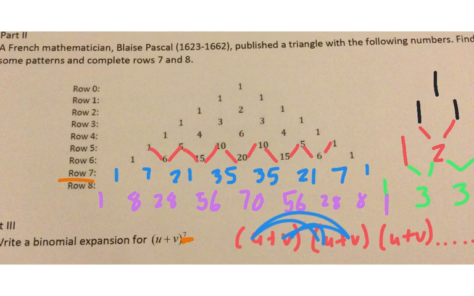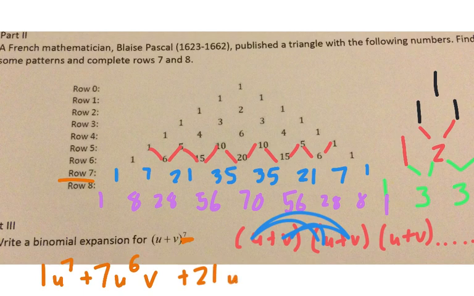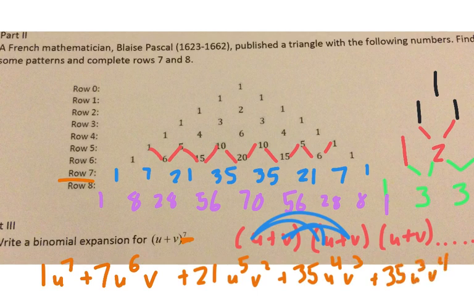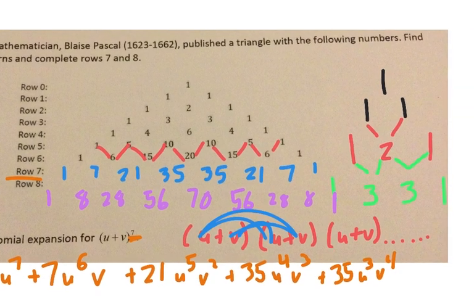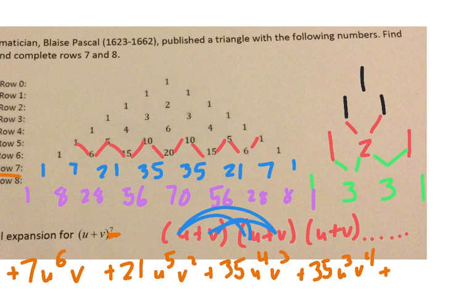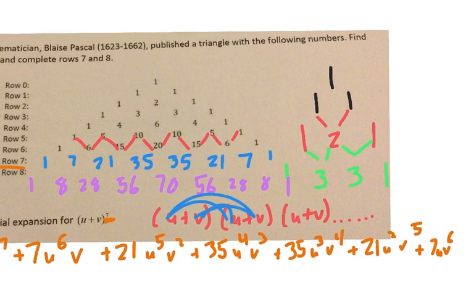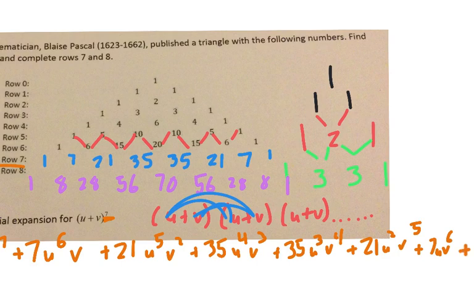We're going to go to row 7, and this is going to be 1u to the 7th, plus 7u to the 6th, v to the 1st, plus 21u to the 5th, v to the 2nd, plus 35u to the 4th, v to the 3rd, plus 35u to the 3rd, v to the 4th, plus 21u to the 2nd, v to the 5th, plus 7u, v to the 6th, plus 1 is my constant.